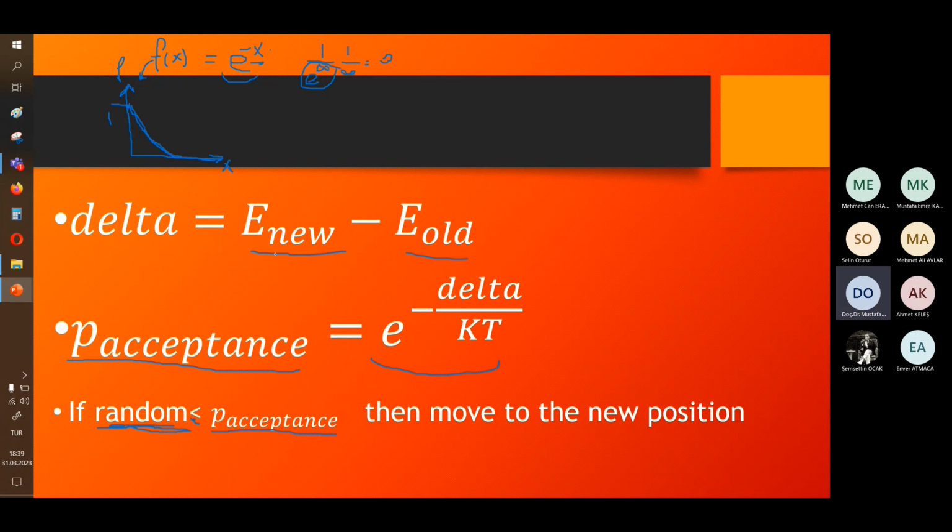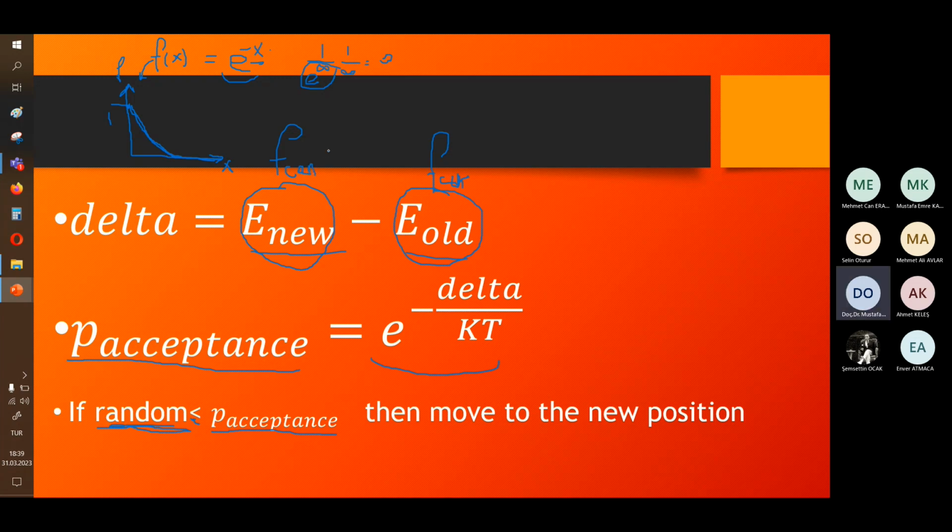New solution is the solution that is produced within the neighborhood of the current solution. This is the candidate solution's fitness value. This is the fitness value of the current solution. Therefore, this is F current, and that one is F candidate.